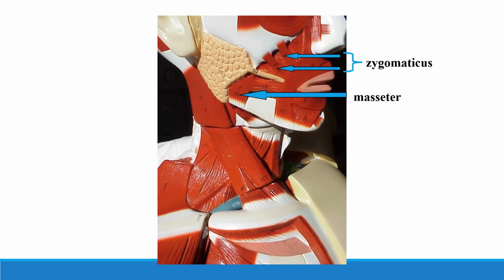There's the zygomatic muscles. Now this is the sternocleidomastoid. It's the one I showed you at the beginning of the discussion. Its origin is on the sternum and the clavicle. Its insertion is on the mastoid process. Its action is to turn the head to the left or to the right, or to bob it up and down, like nodding.